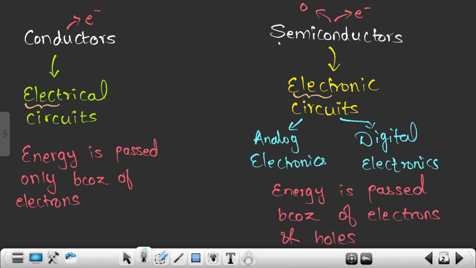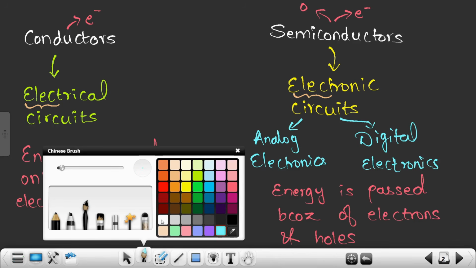That is, diodes, transistors and all, and then we implement these same concepts in digital electronics. That's why I made the course in a sequential manner, so that it is easier for the beginner.